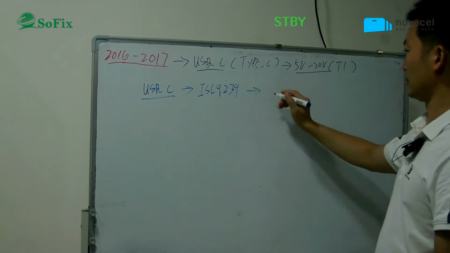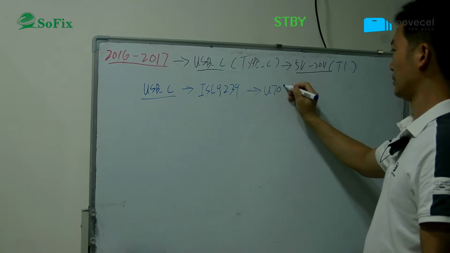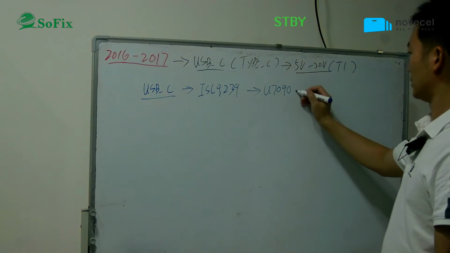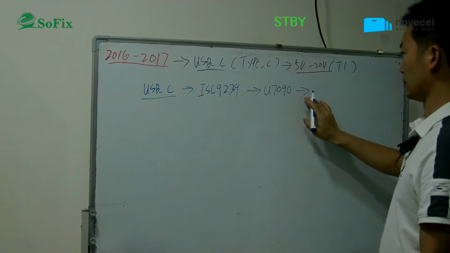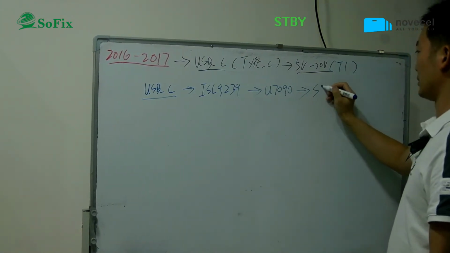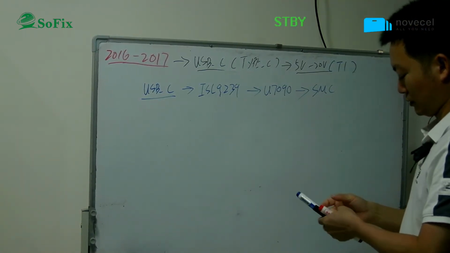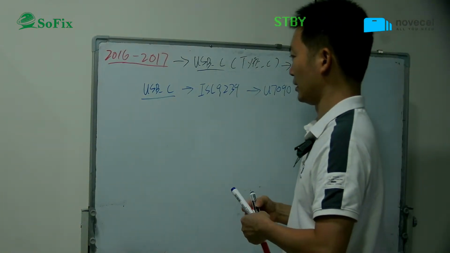Charger IC provides the voltage to this IC. Then T controls the SMC, provides the voltage to SMC. So this is about the T1 socket.